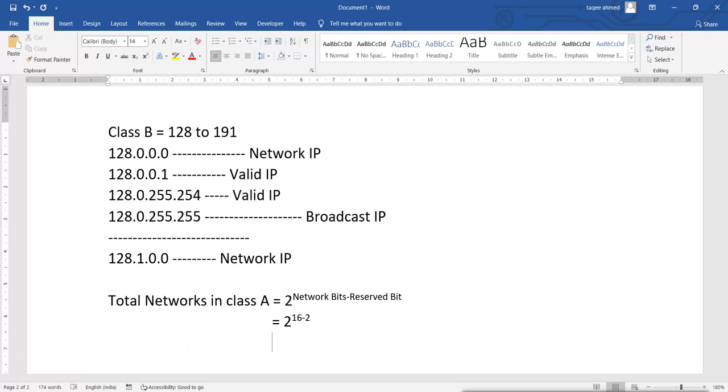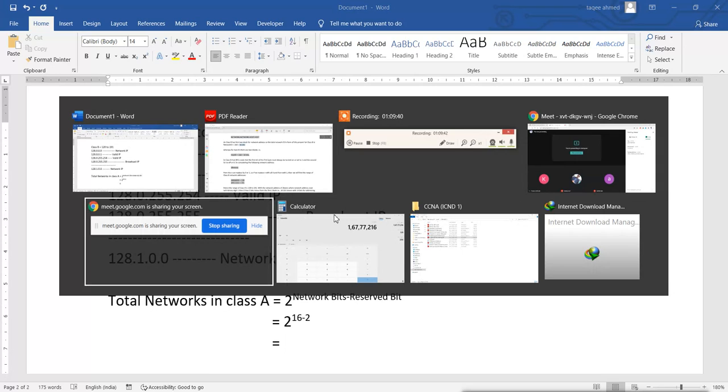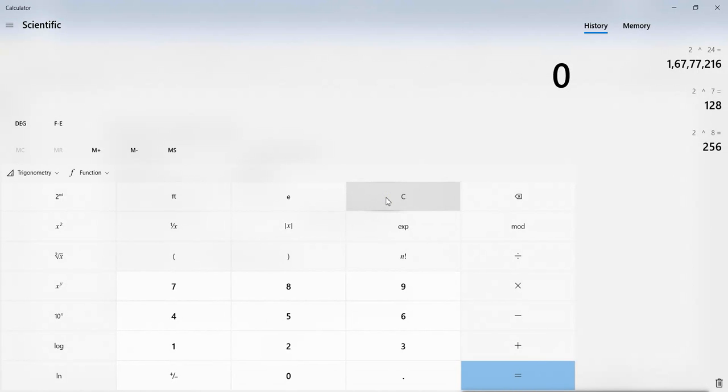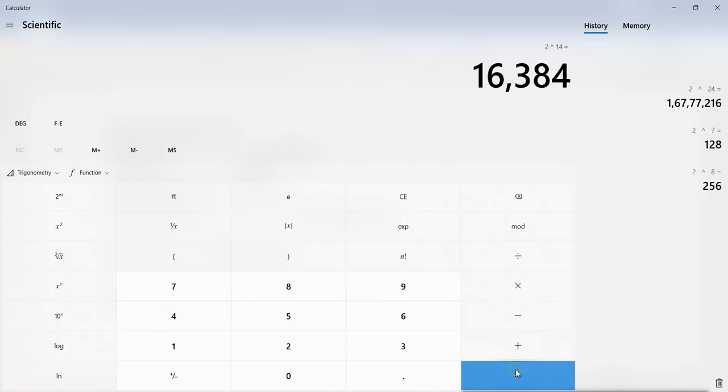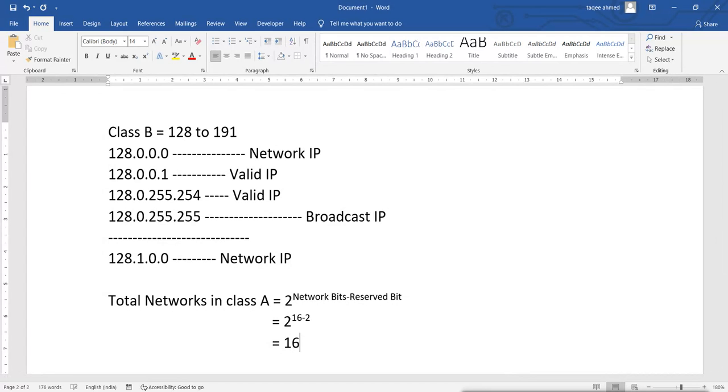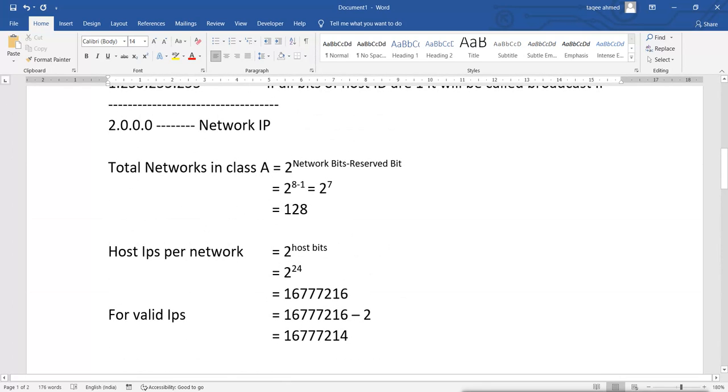The total number of networks in class B is 2 raised to 14, which is 16,384 networks. That is the total number of networks.